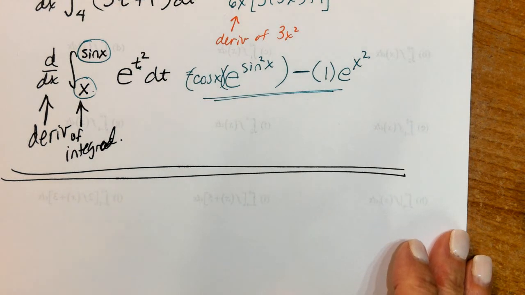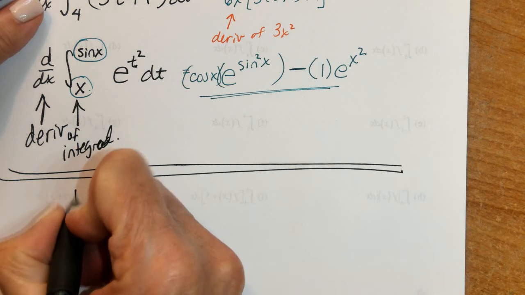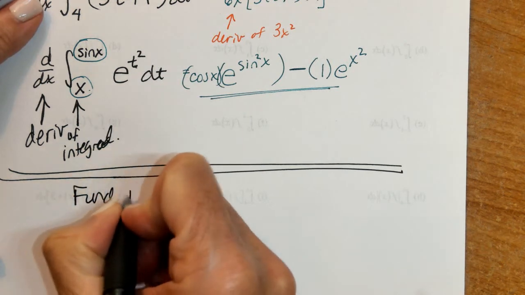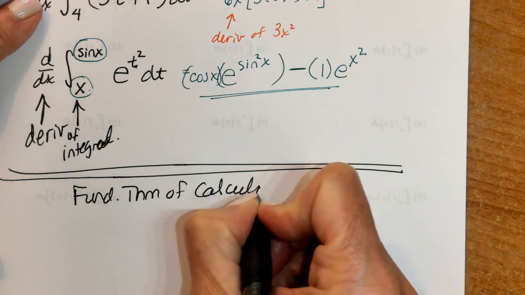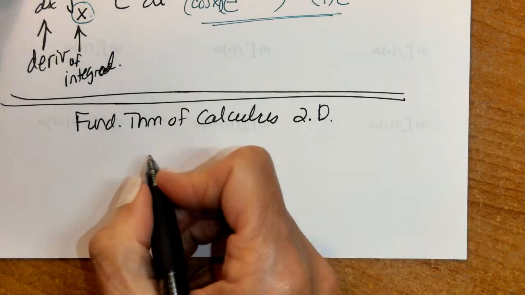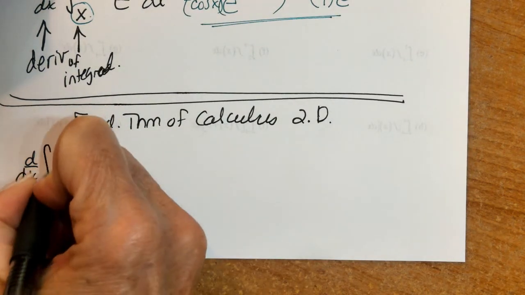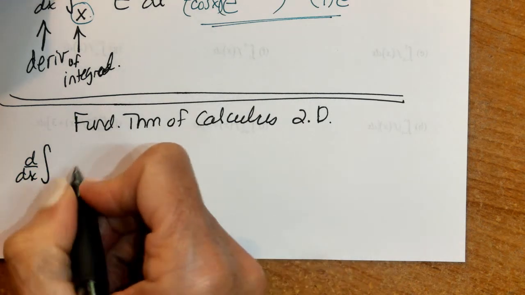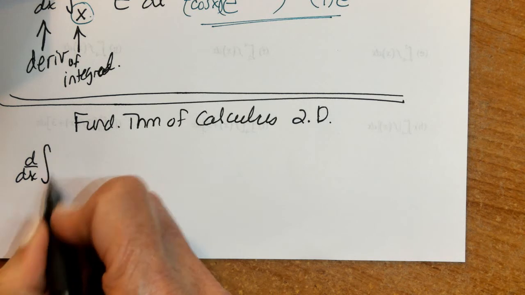Okay. So let me write this. Second fundamental theorem, or fundamental theorem of calculus 2.0. And that says if you're taking the derivative of an integral, it's going to have boundaries.